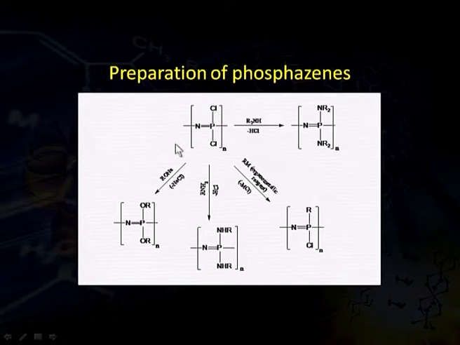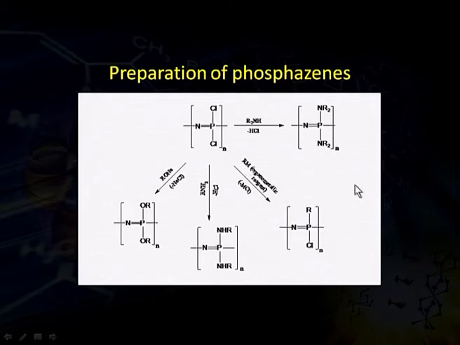If we treat it with primary amine, that is RNH2, again this chlorine atom can be replaced by NHR group. And if we treat this polymer with some organometallic reagent like RM, R is the alkyl part, M is the metallic part, then we can replace this chlorine atom by the alkyl group.